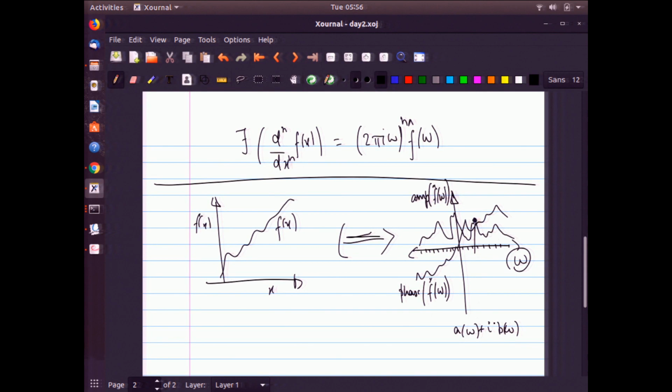In the discrete case, instead of having omega as a continuous variable, this will be an integer. And for every integer, you know what to put in front. So in this case, you have cosine 2 pi A of omega x plus i sine 2 pi B of omega x, right? And these coefficients tell you what weights to give.